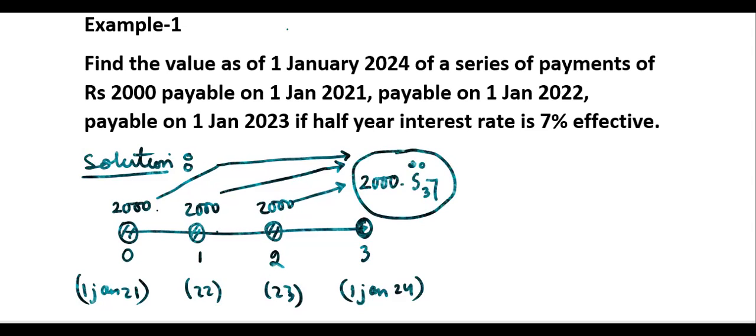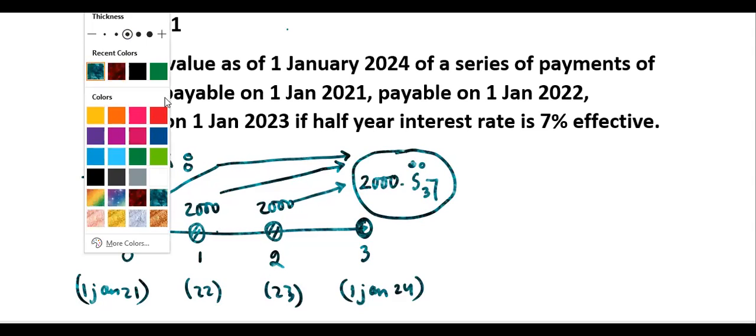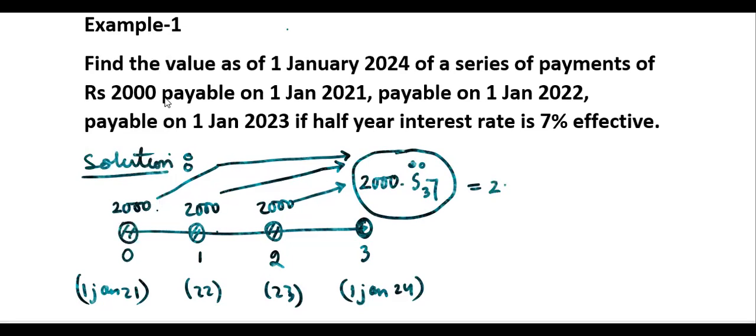And you can apply the formula here directly: 1 minus (1 plus i) to the power 3, divided by d.